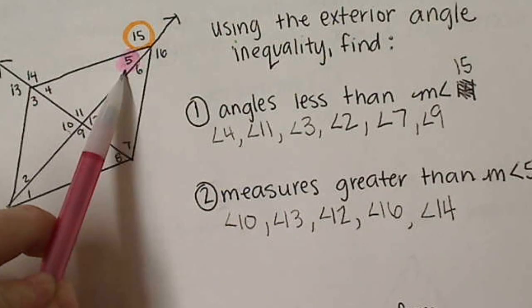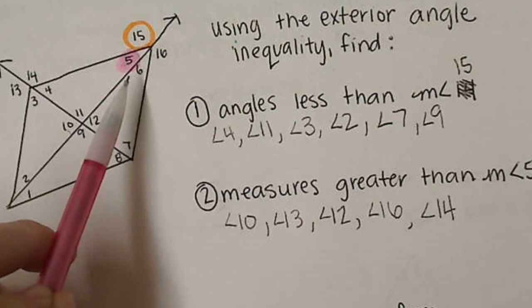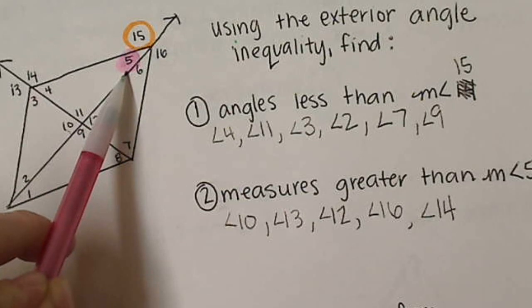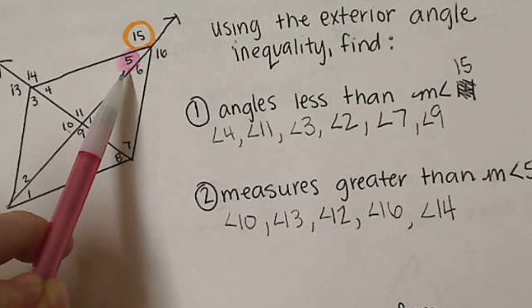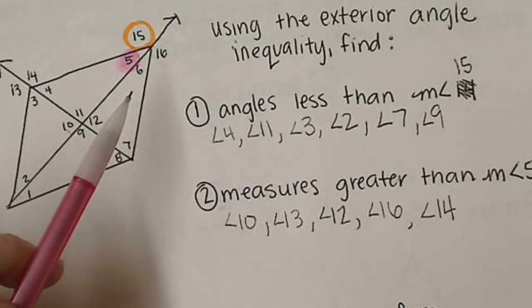So not the angle next to it. Okay, I know that it looks like 15 is bigger, but remember in geometry we cannot assume that. So we are not going to list angle 15 because we can't assume that.